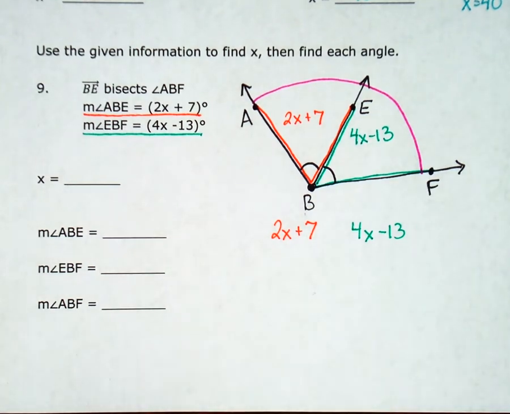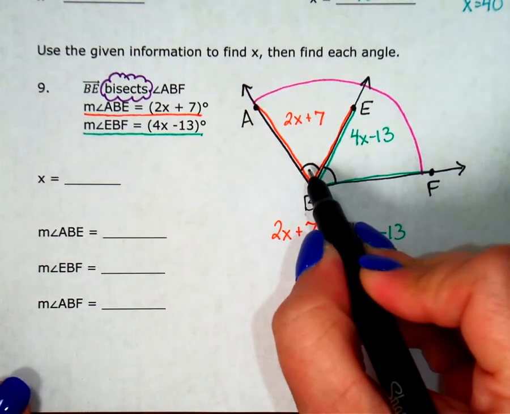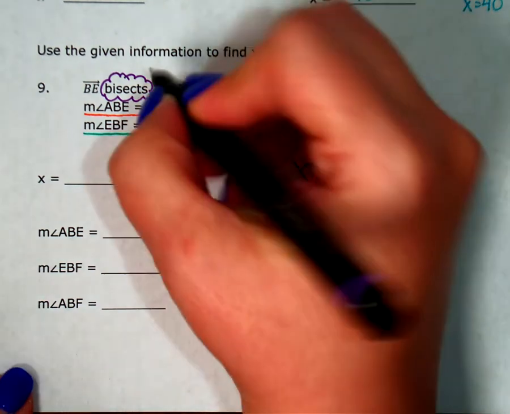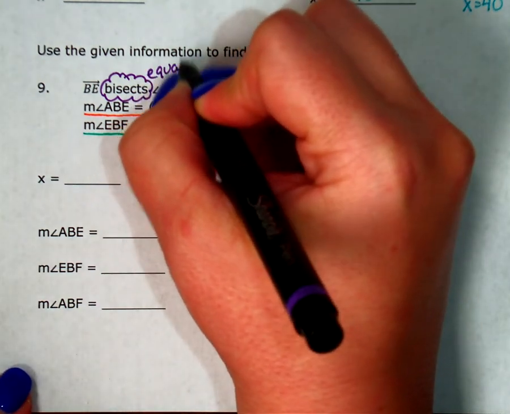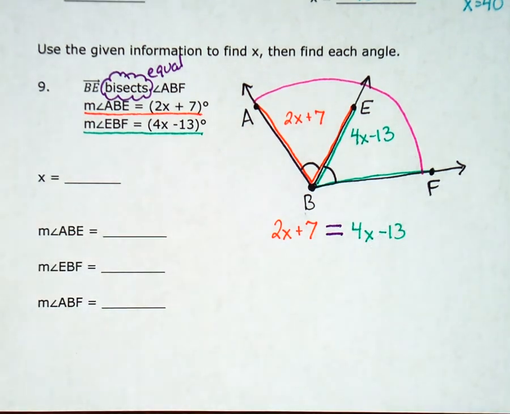But I do see the word bisect. And remember, that's what allowed us to put these matching arc marks, because we know that means the two angles become equal. Only because I see the word bisect. If I didn't see the word bisect, I would have to add these two angles together. Okay?